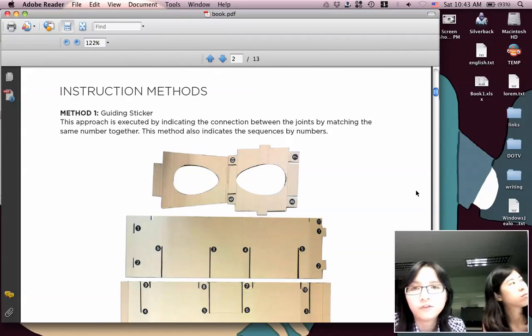The first kind of manual would be the guiding sticker. This is basically a sticker number on every piece of the paper toilet, and people have to join the same numbers together.